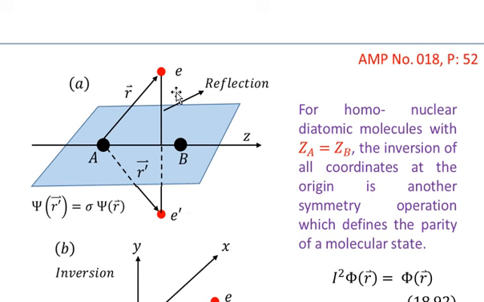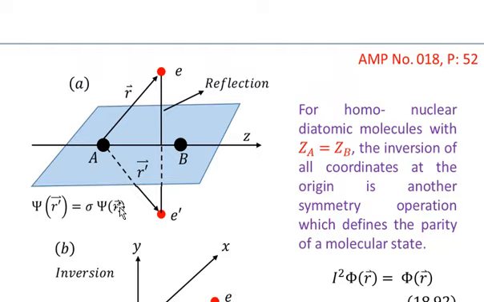Their distance from the nucleus A when the electron is at the top of the reflection plane is represented by r, and the reflected electron will be at a distance r prime from the nucleus A. So this sigma is actually the reflection operator.